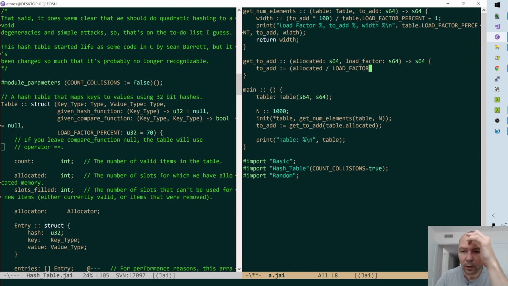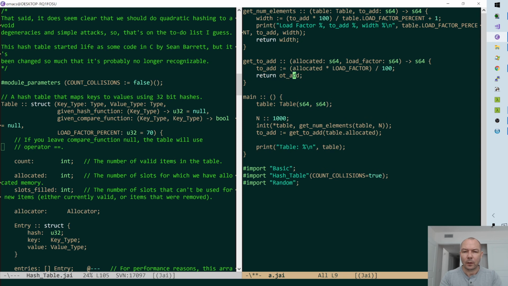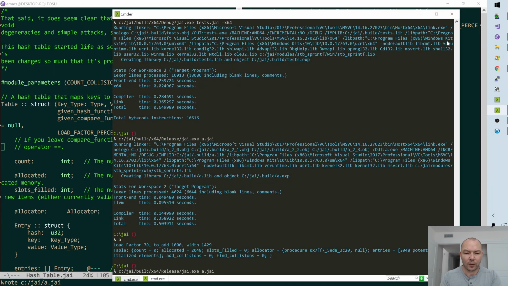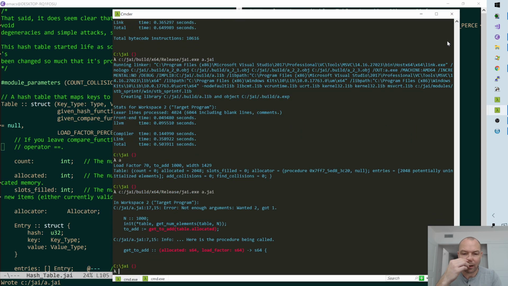Allocated times load factor divided by 100, right? Okay. So that tells us how many things we're actually going to add to roughly achieve the load factor of the table after it's memory sized.